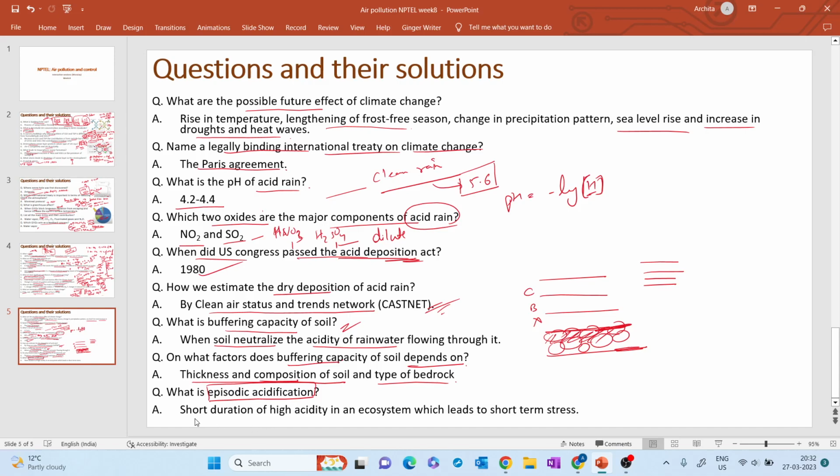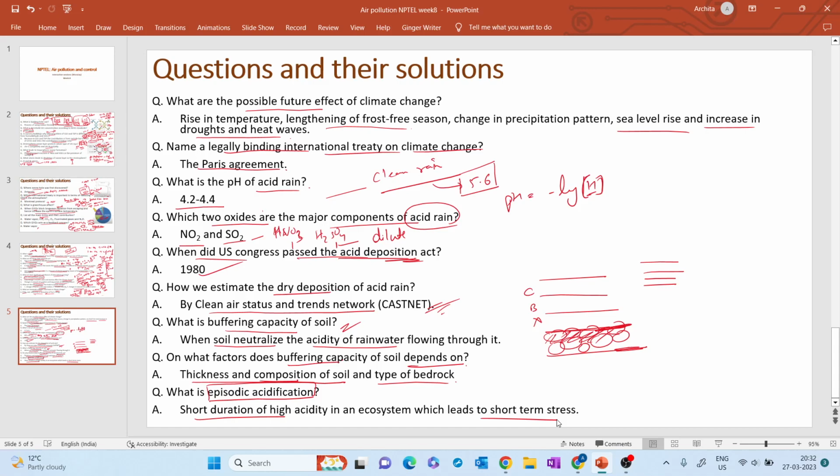The effect will be short term. For that 1 hour there will be an effect on the forest: the leaves can get affected, the soil will have high acidity and everything. But once the duration is crossed, there is no acidity. The acidity will not stay in the ecosystem.